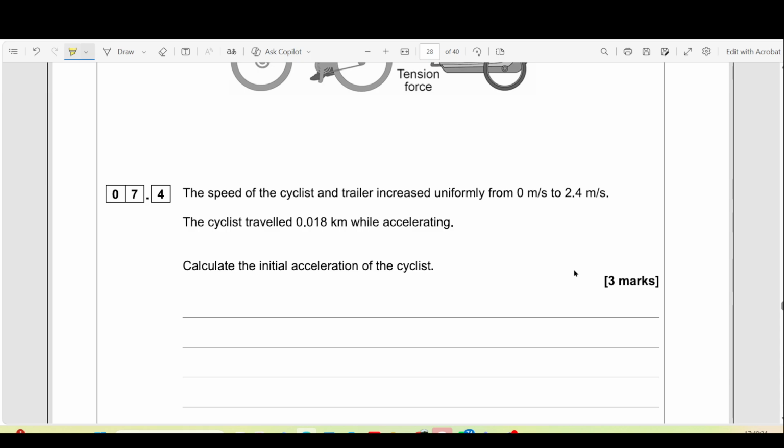Final velocity squared minus initial velocity squared equals 2 times acceleration times distance.